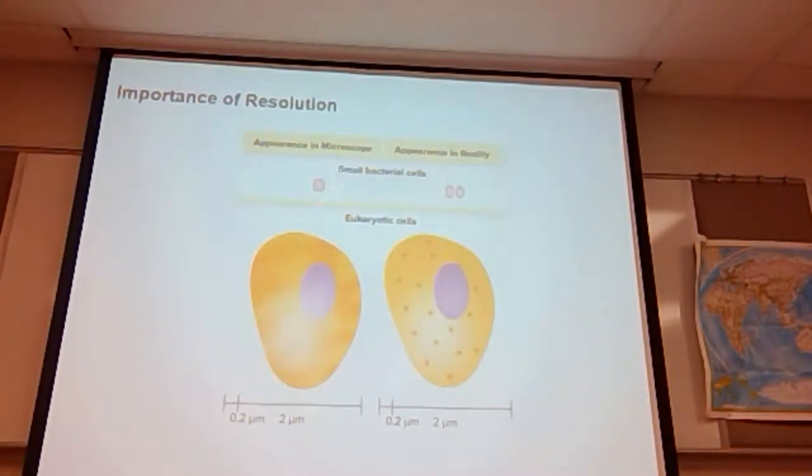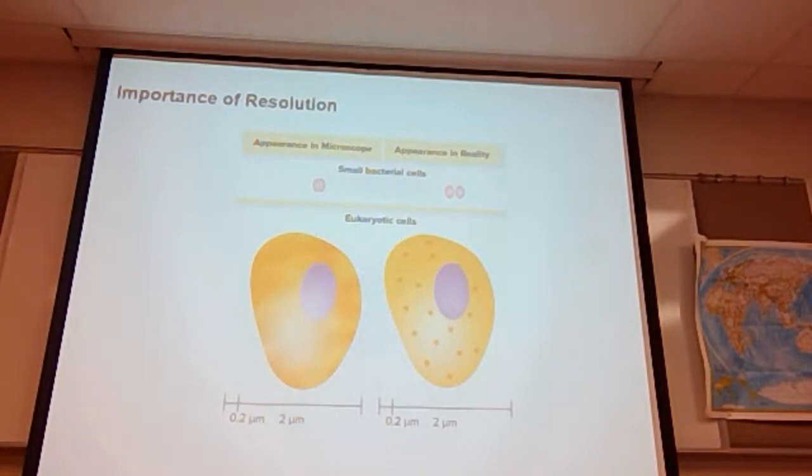Here, if you have a microscope that does not have a high resolving power, what you see here is two bacteria, but they're sort of overlapping each other. But with higher resolution, you now see that there are 2 distinct and individual cells.